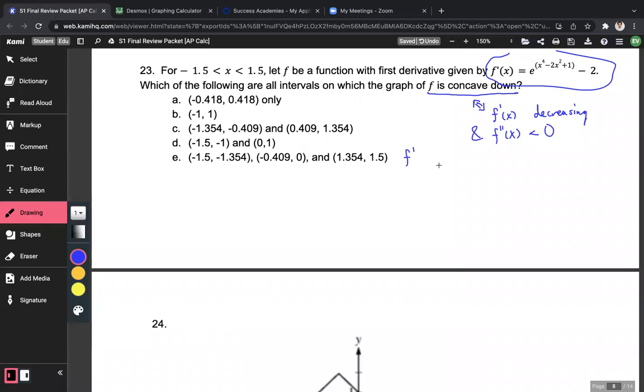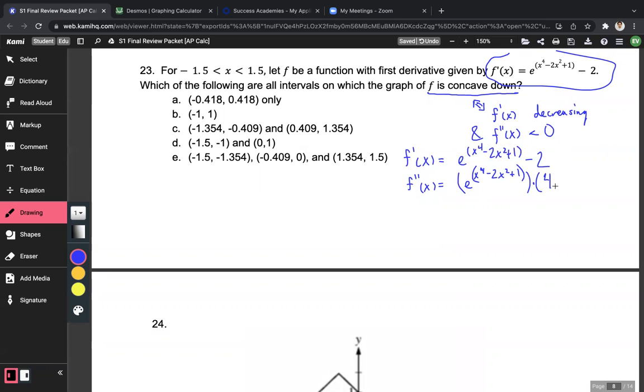If our first derivative, f prime of x, is e to the x to the fourth minus 2x squared plus 1, minus 2, f double prime of x is going to be the same thing, e to the x to the fourth minus 2x squared plus 1. Negative 2 disappears, and I need to use my chain rule, so I multiply that whole guy by the derivative of the exponent.